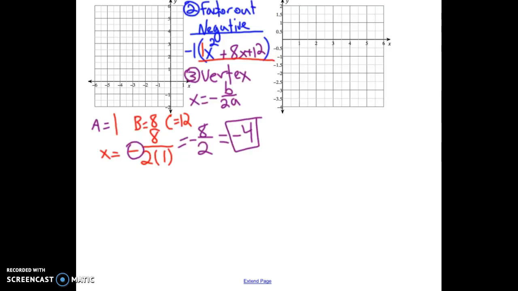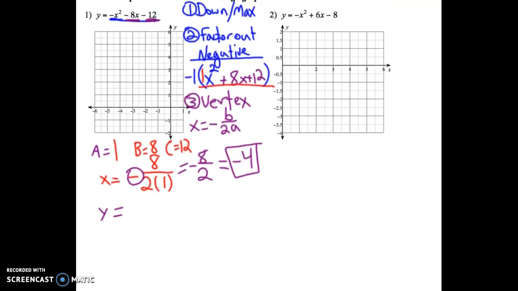So to find the y value, I plug my x value back into the original function. I'm going to use this right here. So you have to make note that it's negative 1, parentheses, negative 4 squared, plus 8 times negative 4, plus 12. Close the parenthesis.